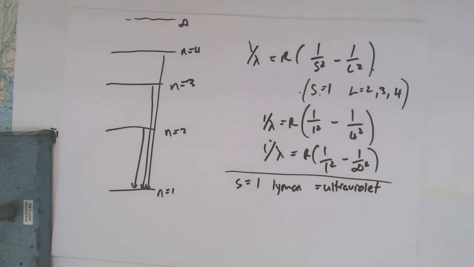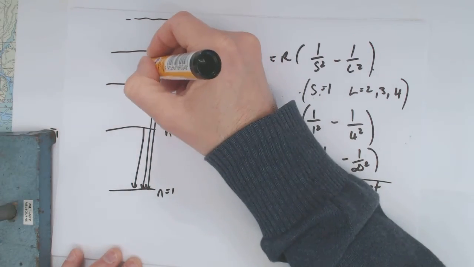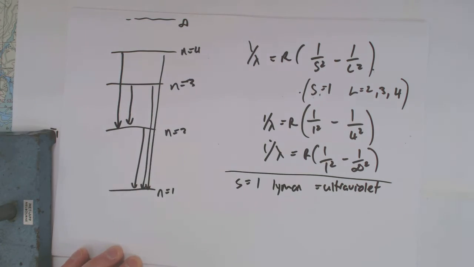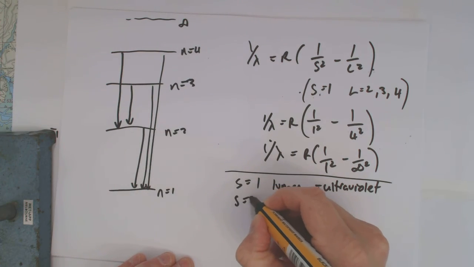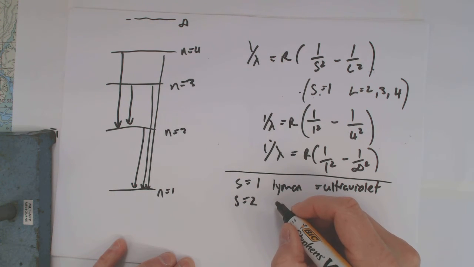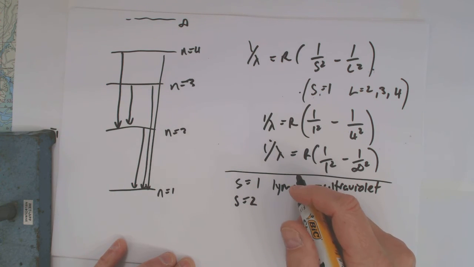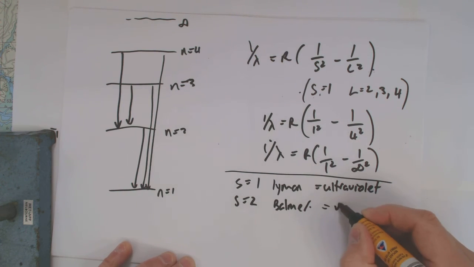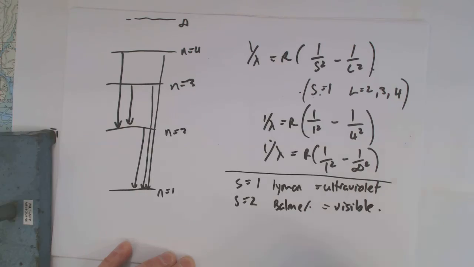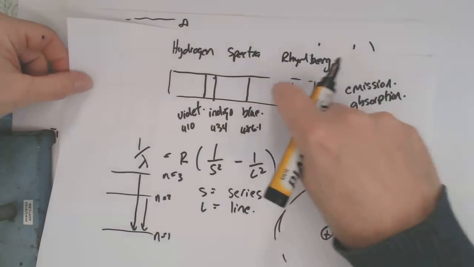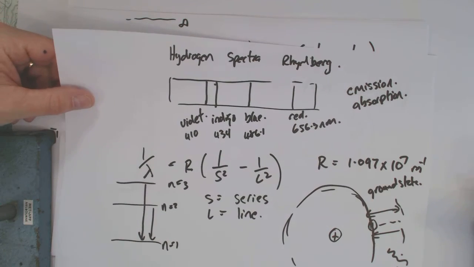If we have stuff dropping down to n equals 2, like from n equals 3, n equals 4, down to n equals 2, then s equals 2, and we get what's called the Balmer series. Sounds like Obama, maybe. And that's our visible lines. So those 4 lines that we looked at before, we have to use s equals 2.